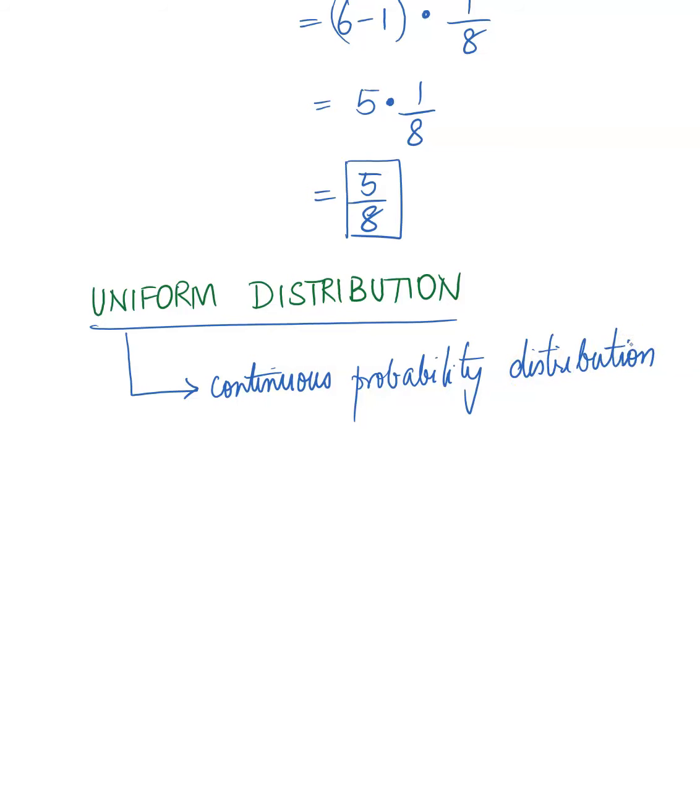It's continuous because of the area. All right, and here events are equally likely to occur. Equally likely simply means that every event has the same probability of occurring, right? They have the same chance of occurring.